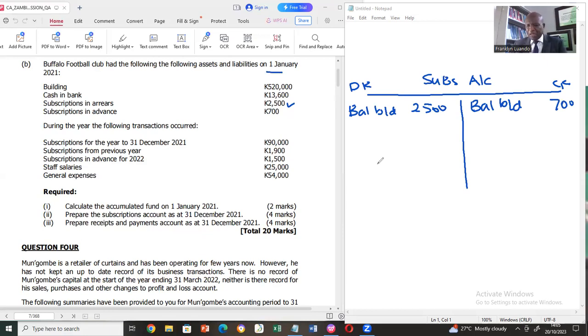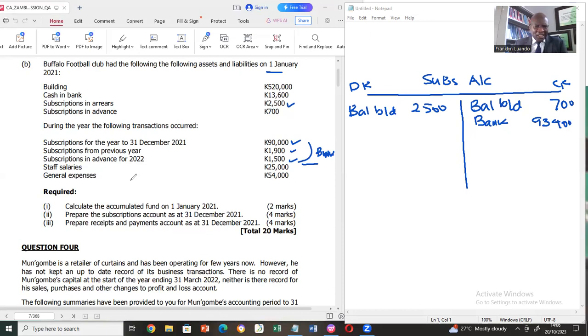And then now we have the bank. The bank, we received this plus that plus that. This is what we received. At the bank, it will be debited. In the subscriptions account, it will be credited. Bank, the total there is 93,400.